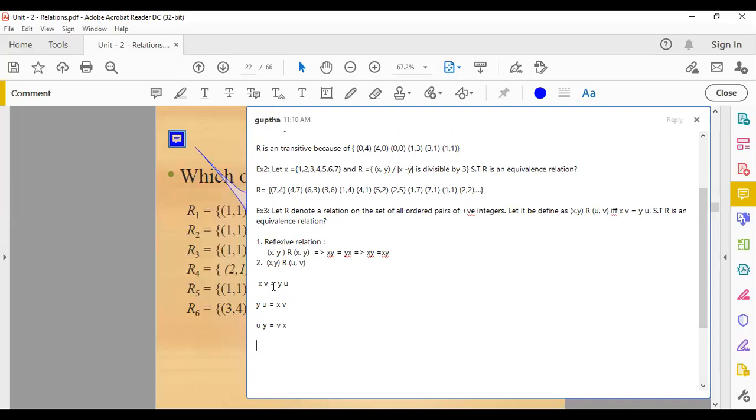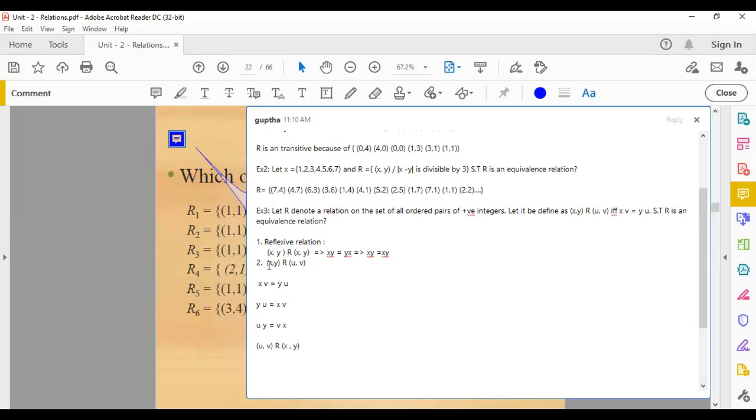As per the definition, everyone please observe, (u, v) is related to (x, y).